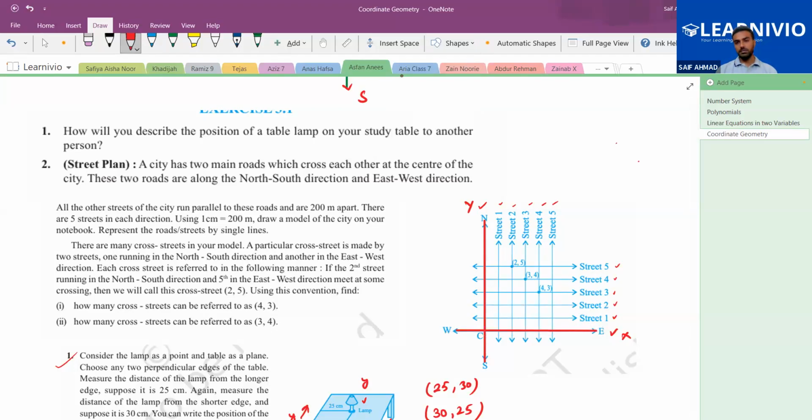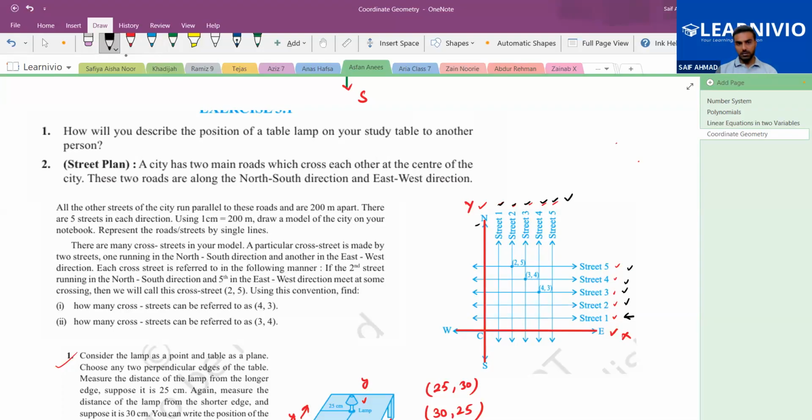And these 5 streets, see here. This is street 1, street 2, street 3, street 4, street 5. You can see these are all parallel to the x-axis. Likewise, these 5 streets, 1, 2, 3, 4, 5, all run parallel to the y-axis.